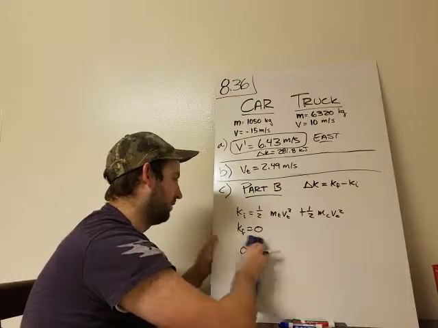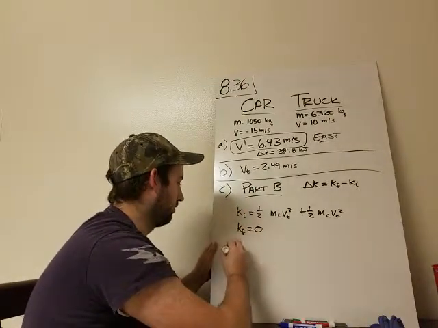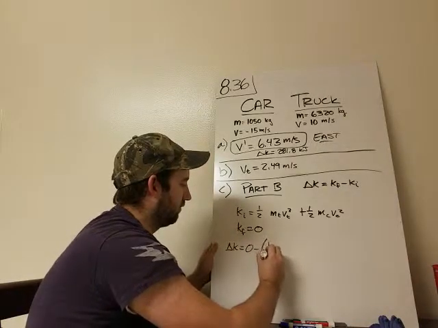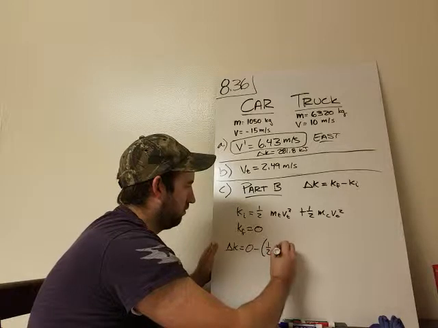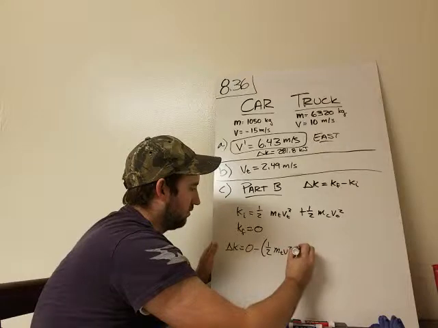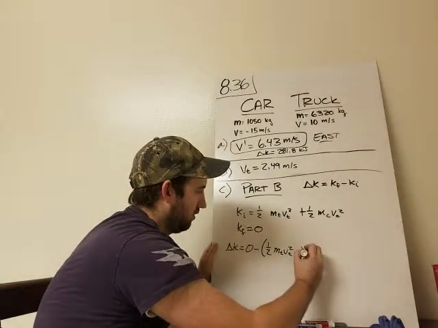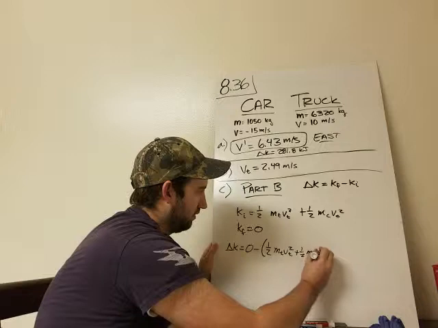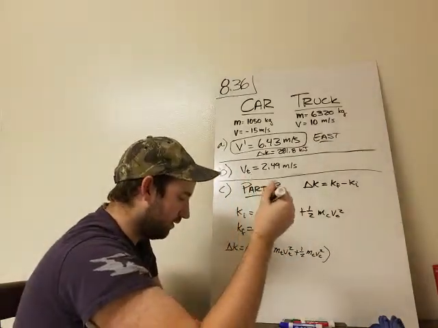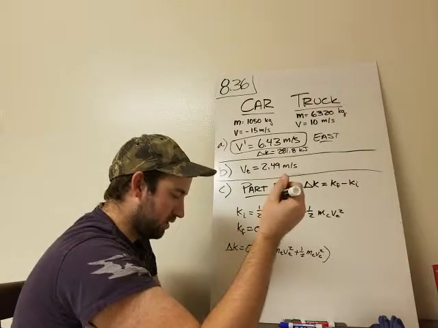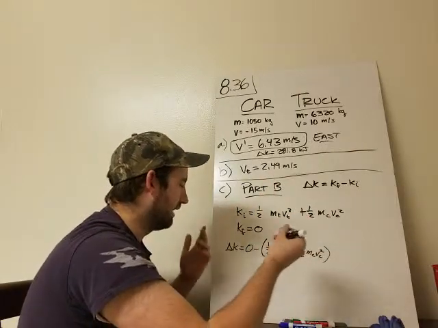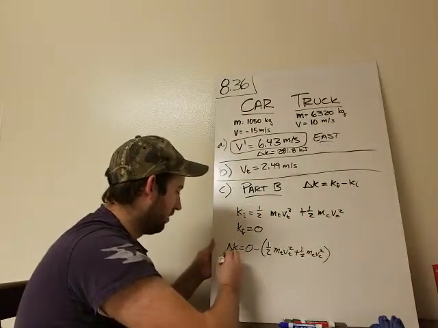So when we do that, delta K equals 0 minus 1/2 mtvt squared plus 1/2 mcvc squared. When we plug that in, what we end up with is going to be negative, but like I said, we're just looking for the magnitude, so the negative doesn't matter, so I'll just make it positive.